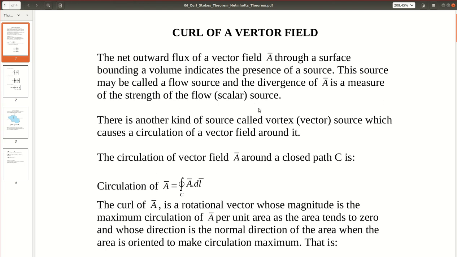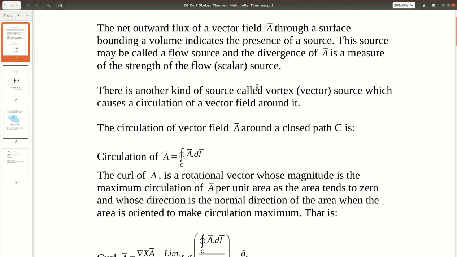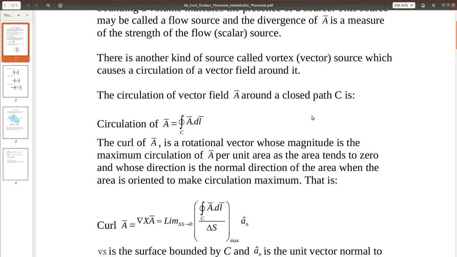Now there is another type of source, which we call a vortex source, causing a circulation of the vector around it. So the vector goes around, somehow circular around the source.